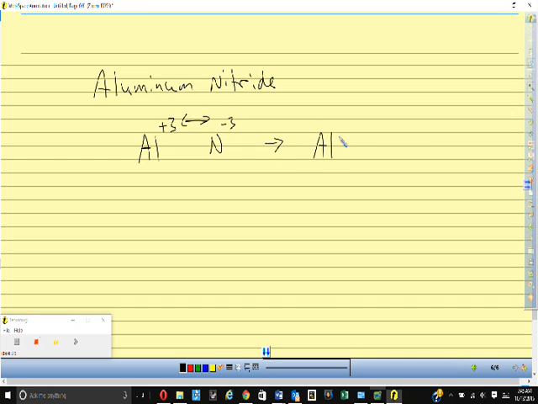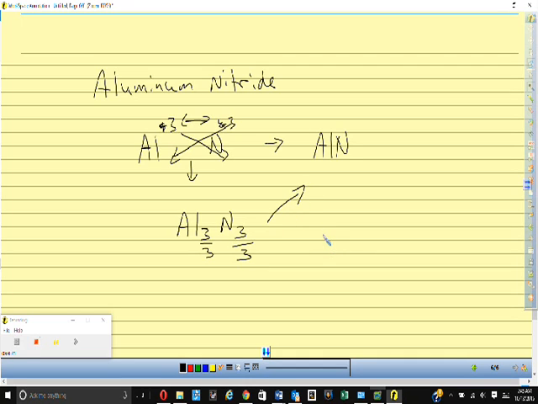That tells me right away the formula is just going to be AlN. If you go through the process where you eliminate the signs, crisscross the charges, you end up with Al3N3. Obviously 3 and 3 are both divisible by 3, so you're going to end up there to begin with.